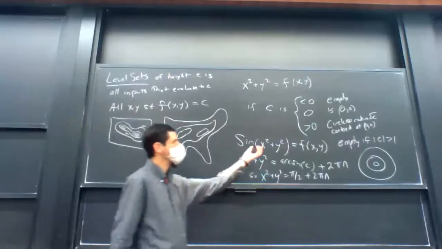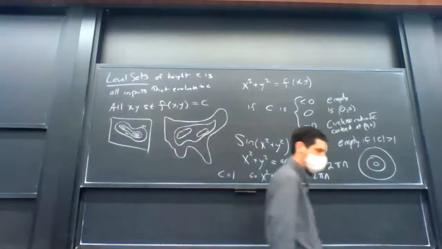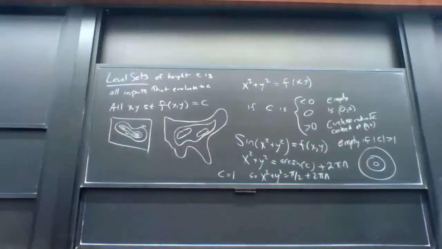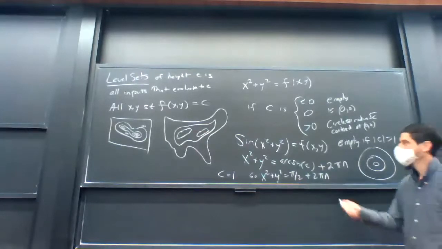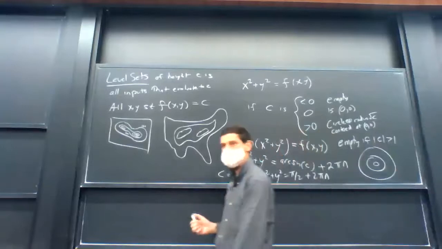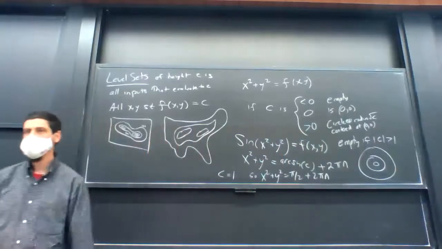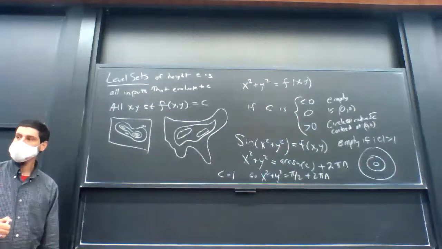So every time I increase x squared plus y squared, it's going to have the same value if I increase it by 2 pi. What coordinates might you want to study this in? Polar.